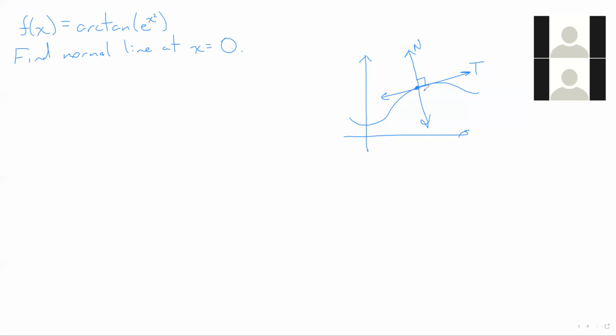You're still required to think about a single point when you're dealing with this kind of thing. But instead of looking for this line that touches but does not go through the curve, you are looking for this thing that's perpendicular to that.